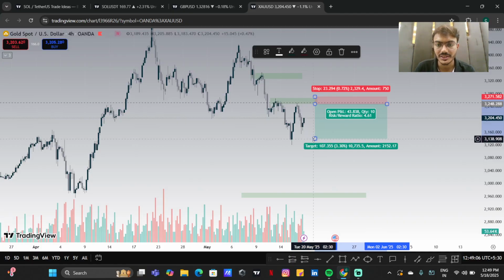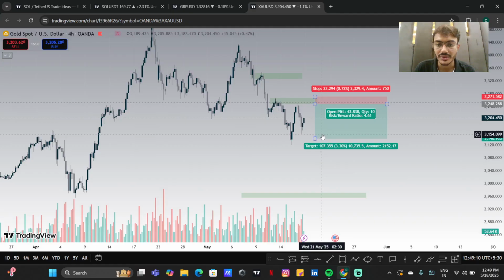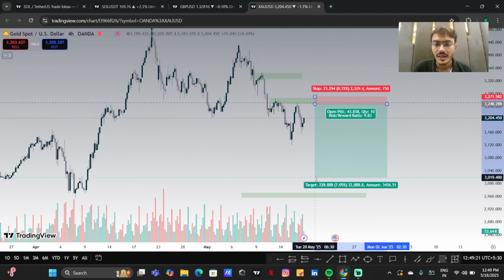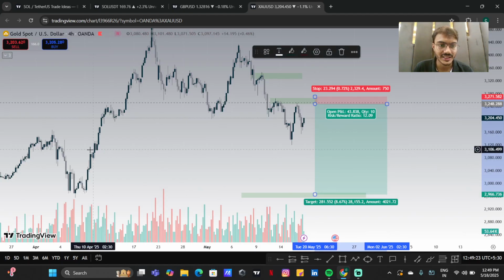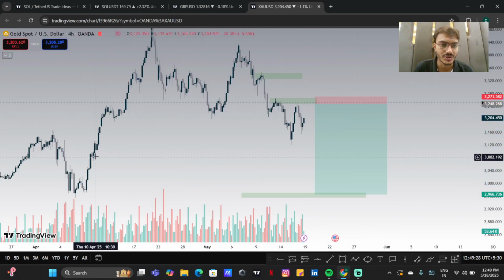That's going to be my first TP, and if the price reacts from this zone, I'm going to sell at this point. It's 1:4, it's okay, but if it breaks this lower low, first TP hit, 50% is going to be liquidated in the market, and this 50% I'm going to hold up till over here, because all I can see is a clear range. Here I can see a support, but it's not a strong support.